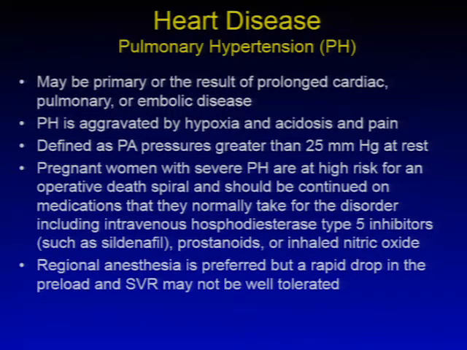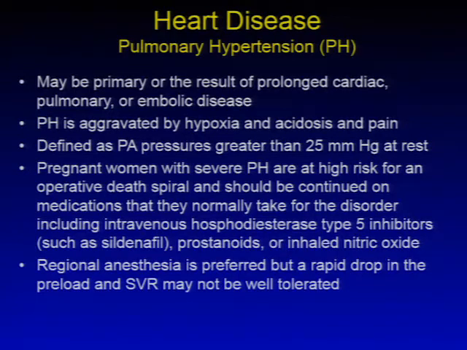Pregnant women with severe pulmonary hypertension are at high risk for an operative death spiral and should be continued on medications that they normally take for this disorder in the peripartum period, including intravenous phosphodiesterase type 5 inhibitors such as sildenafil, prostanoids, or inhaled nitric oxide.